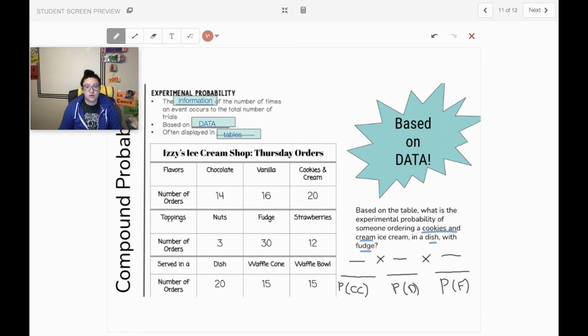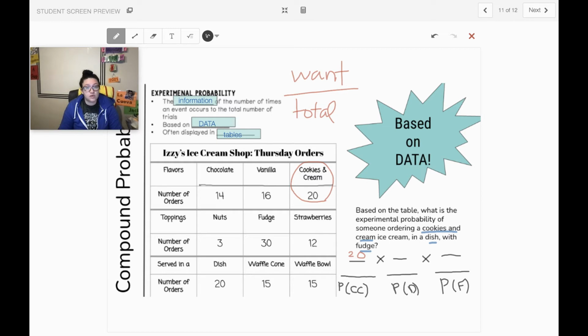First, the probability of ordering cookies and cream. Remember, it's what we want over the total. How many people ordered cookies and cream, that flavor that we want? We had 20 people order cookies and cream, out of the total. Our total is only going to be flavors of ice cream that people ordered.